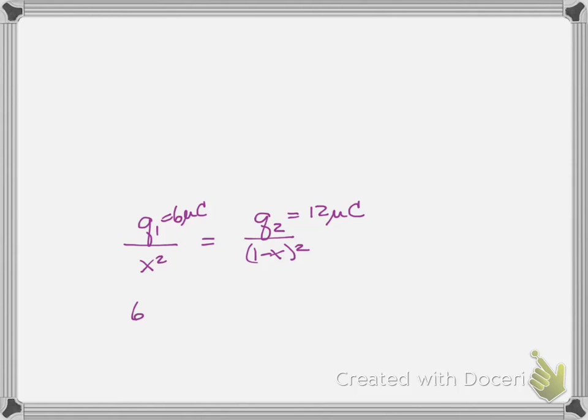So this is 6 times 10 to the minus 6 over x squared equals 12 times 10 to the minus 6 over (1 minus x) squared. Do you see anything that cancels? You can take out the 6, and then take out 1 and change the other one to 2.